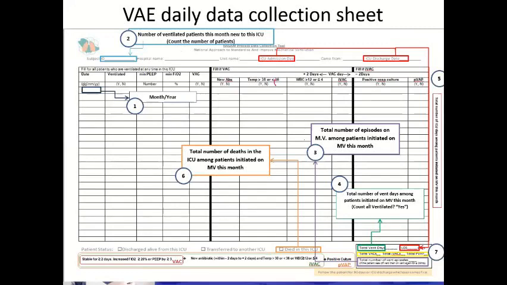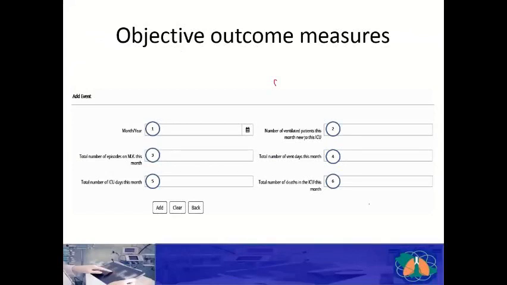So this form gives you all the information that you need for the VAE and for the outcome measures. It's linked together. Okay. So for the outcome measures, it's just an explanation of the form and linking it to the fields here.